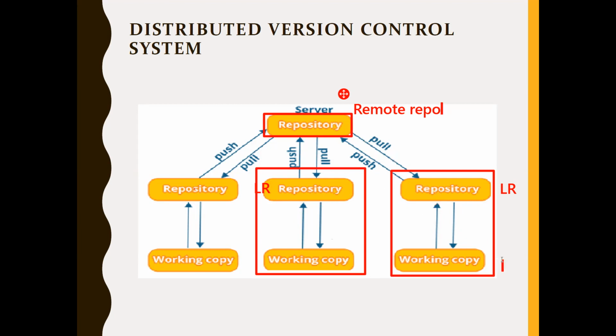And if you notice, they will not work directly on the local repository, rather they will work on another directory called the working copy. They will make changes here and push the changes to the local repository. From the local repository, they'll push the changes to remote, right? So that is how it works. Changes are happening in the working directory.